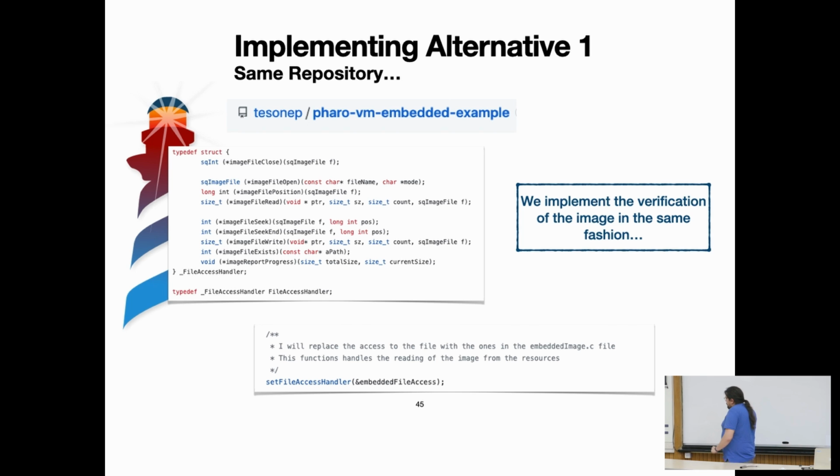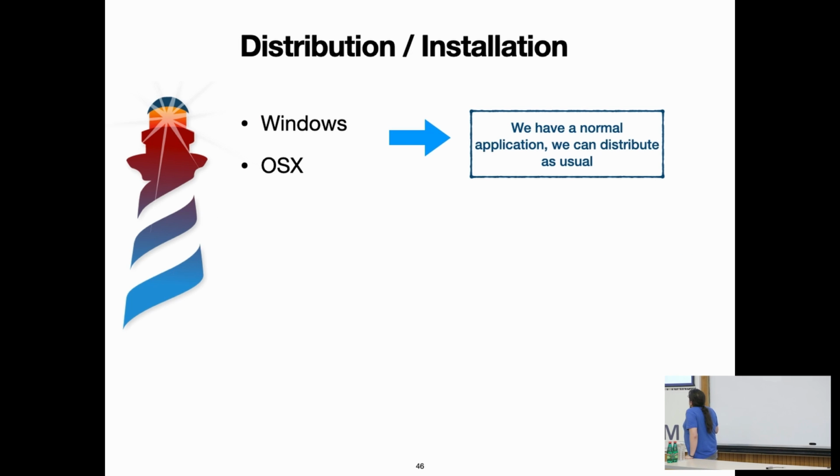We get to another really important thing: okay, we now have our executable files, we have our package, and we are building our package in a way that is coherent with the operating system. Well, in Windows and OS X, we can use any standard tool that is there for creating installers.